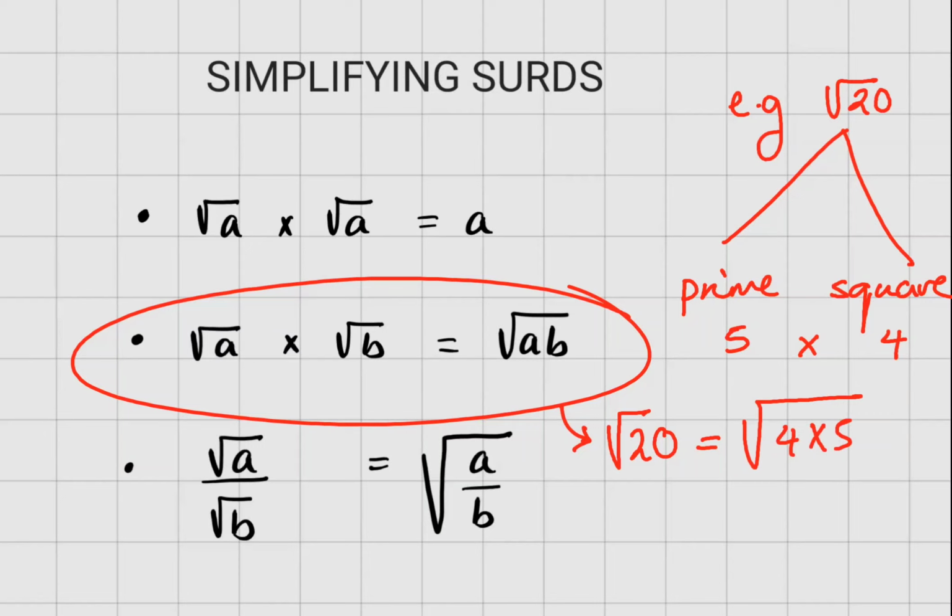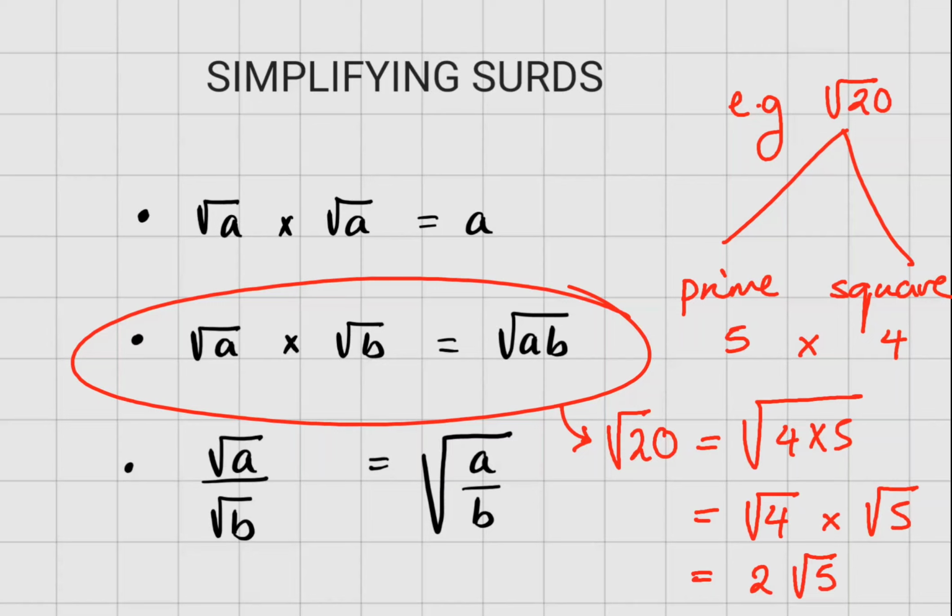But the law of multiplication allows us to separate the square root of 4 separately to the square root of 5. So I separate using the law of multiplication. Then I simplify. You're going to simplify the parts that can be simplified, and the part that cannot be simplified remains as your surd or your root. So the square root of 4 does simplify to return a whole number 2. Multiplied by the square root of 5, which is a surd and is irrational, so we keep it as square root of 5.